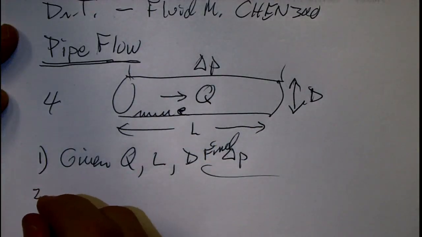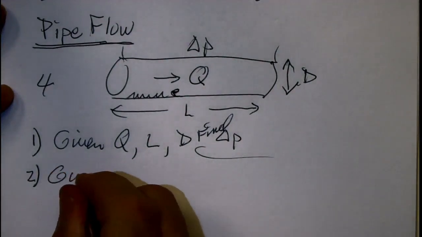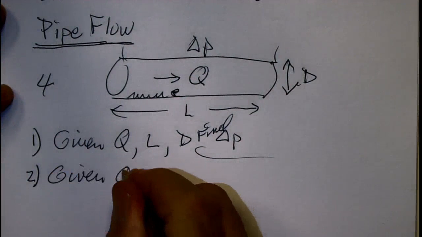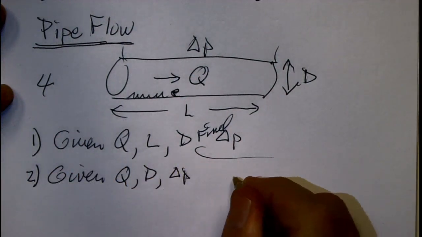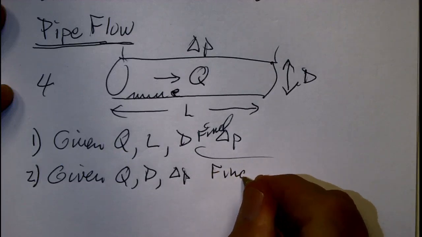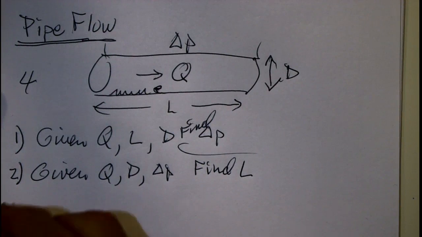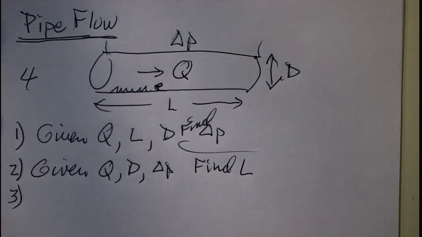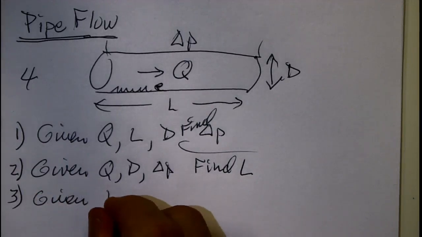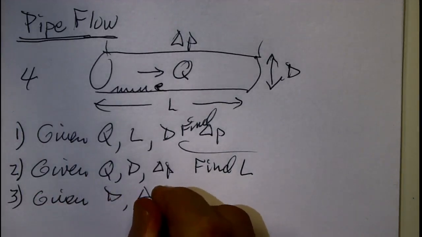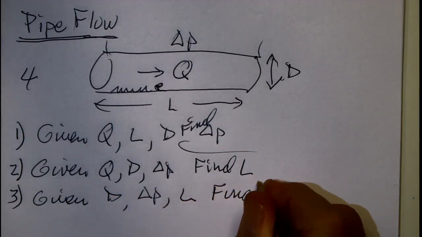The second one is, given Q, diameter, and pressure drop, you find length. Given a third, diameter, pressure drop, and length, you find flow rate.